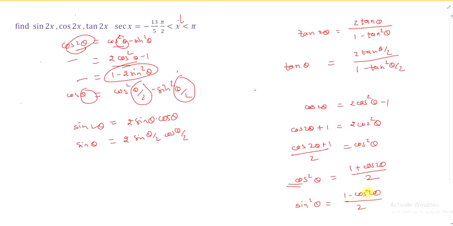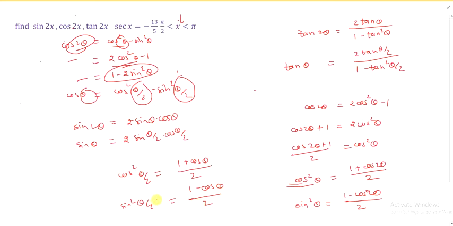Remember this one, and again these formulas can be derived for submultiple angles also, that is cos square theta by 2 is equal to 1 plus cos theta, divide throughout by 2, and sin square theta by 2 is equal to 1 minus cos theta by 2, isn't it?